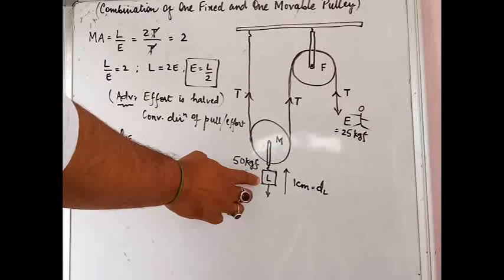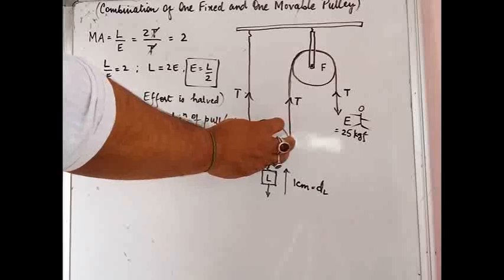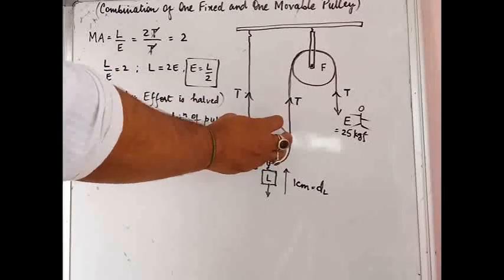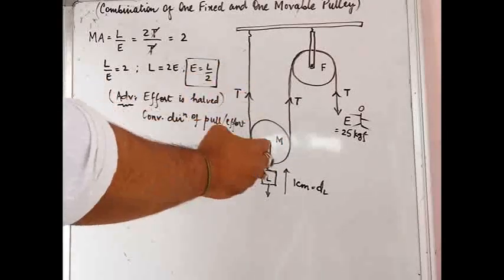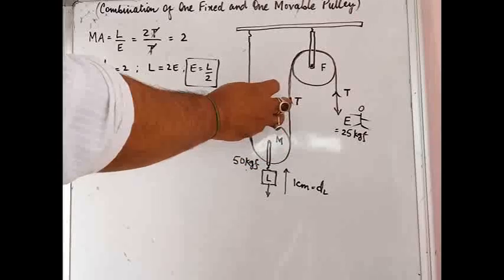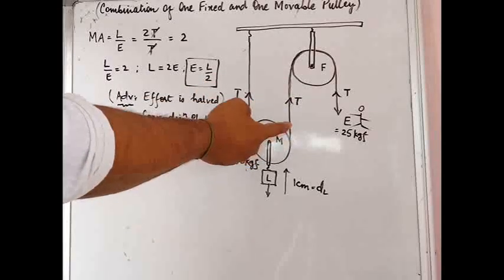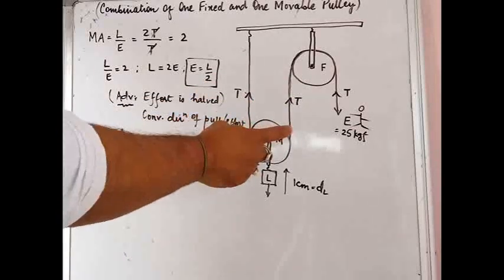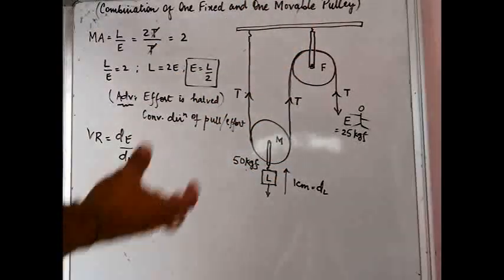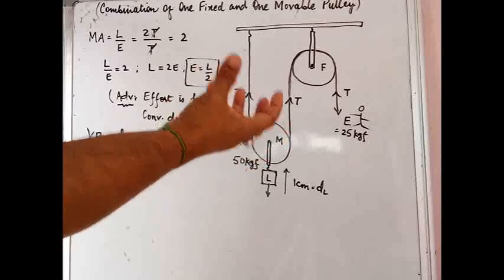Please visualize. Once again, I am trying to explain. If the load moves up by 1 centimeter, this pulley will also move up by 1 centimeter. But since the pulley is resting on this particular tackle, you will have 1 centimeter and 1 centimeter, making it 2 centimeters of overall tackle getting released. So where will that released tackle go?